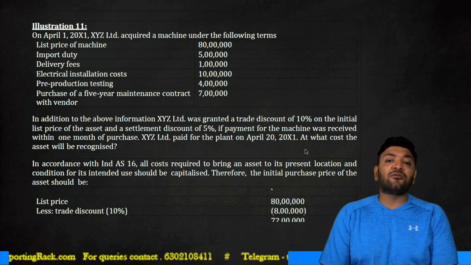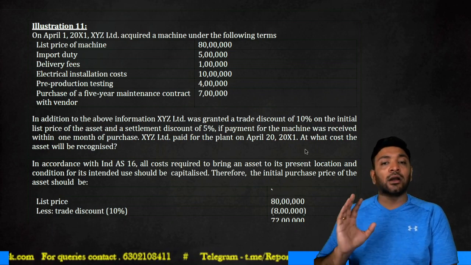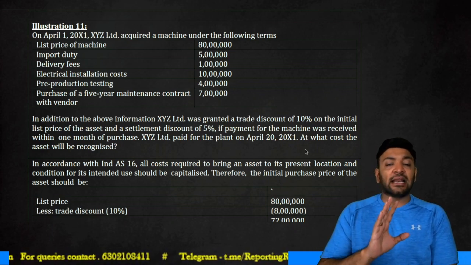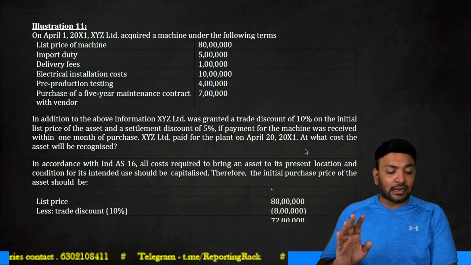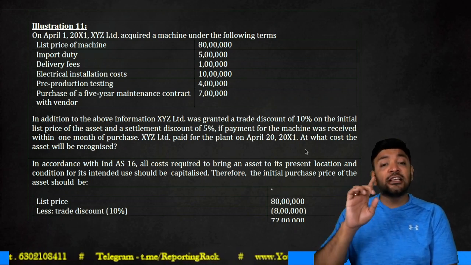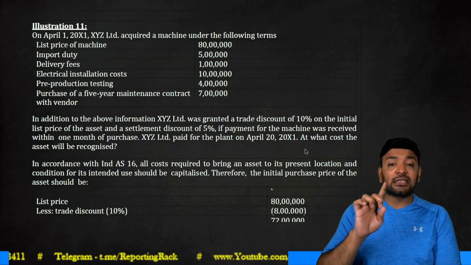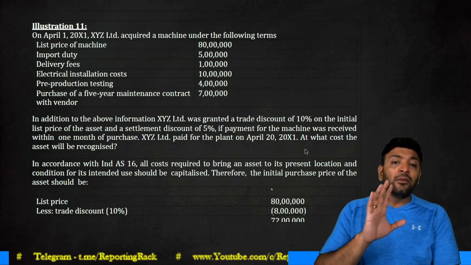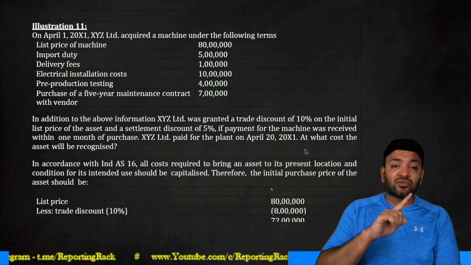Guys, this purchase of a 5-year maintenance contract is a pure repair and maintenance work. This pure repair and maintenance work is not necessary to bring the asset to its current condition in which the management intends to use it. Even if this maintenance contract was not acquired, the asset was still available for its intended use. Therefore, this 7 lakhs is not supposed to be included in the cost of the asset.